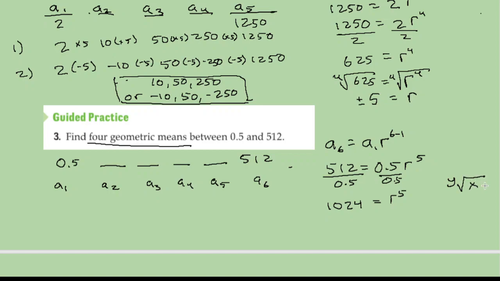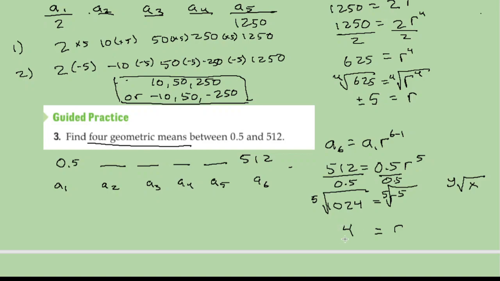Once you hit that button, you put in your root, and then you get 4. So R is equal to 4 when you take the 5th root of both of these.